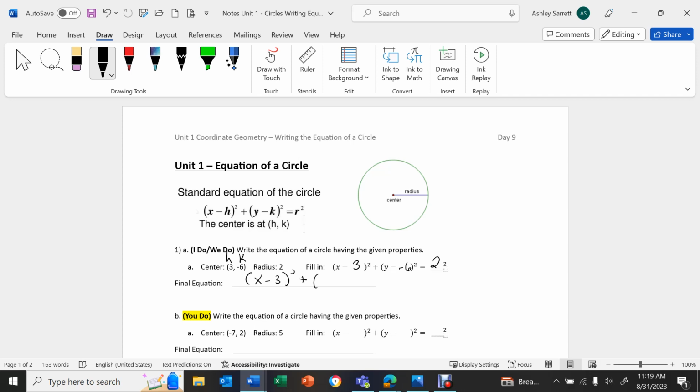If I am subtracting a negative, that is adding. So I'm going to write that as (y plus 6) squared. And then the radius is 2 squared, 2 to the second power, that is really 4. So that is how I would clean that up and write my final equation.